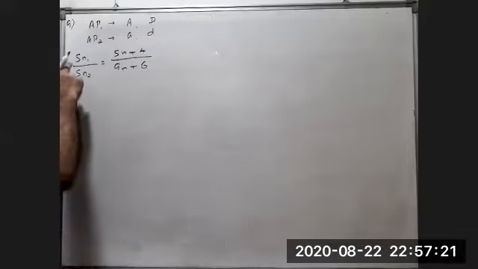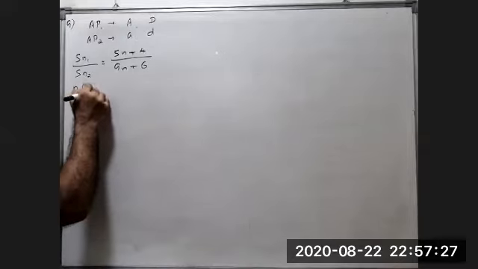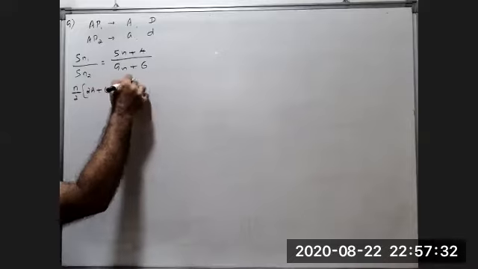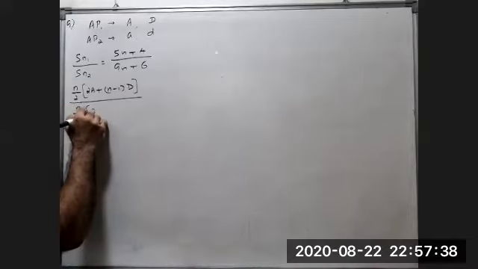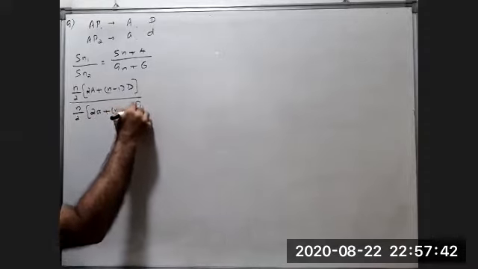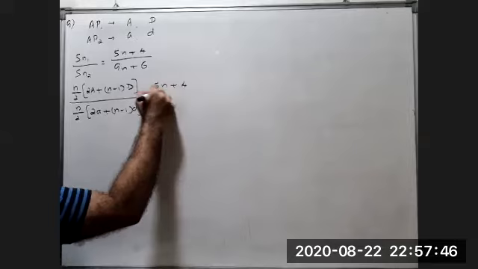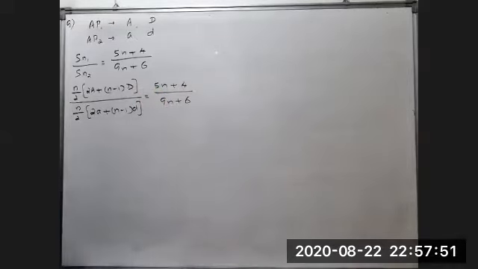Now see, Sn1 means, using the formula, n by 2 into (2A plus (n minus 1) into D), divided by n by 2 into (2a plus (n minus 1) into d). This is given as 5n plus 4 by 9n plus 6.